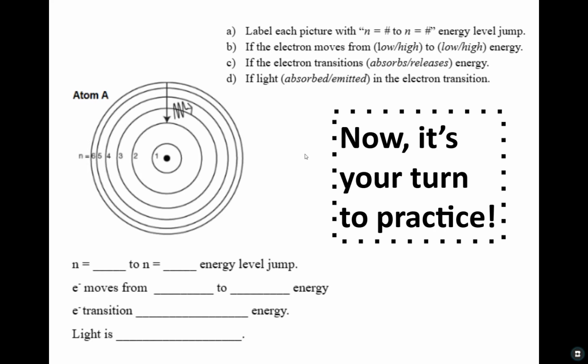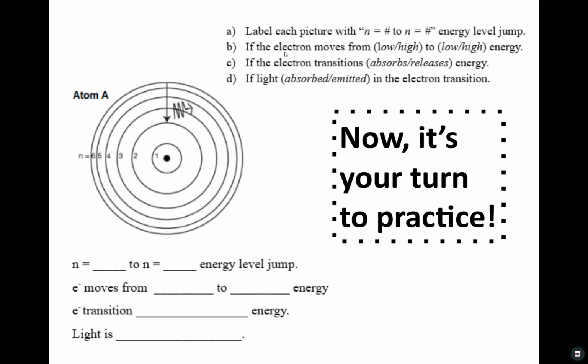So now, if you turn the page, you'll notice that you have 4 atoms labeled A through D. Each of those atoms has 4 little fill-in-the-blank statements, and at the top of the page, it tells you what you are doing for each of those statements. For A, you're going to label each picture with the quantum numbers that we jump to. So here we're starting at quantum number 6 and jumping all the way down to quantum number 2.